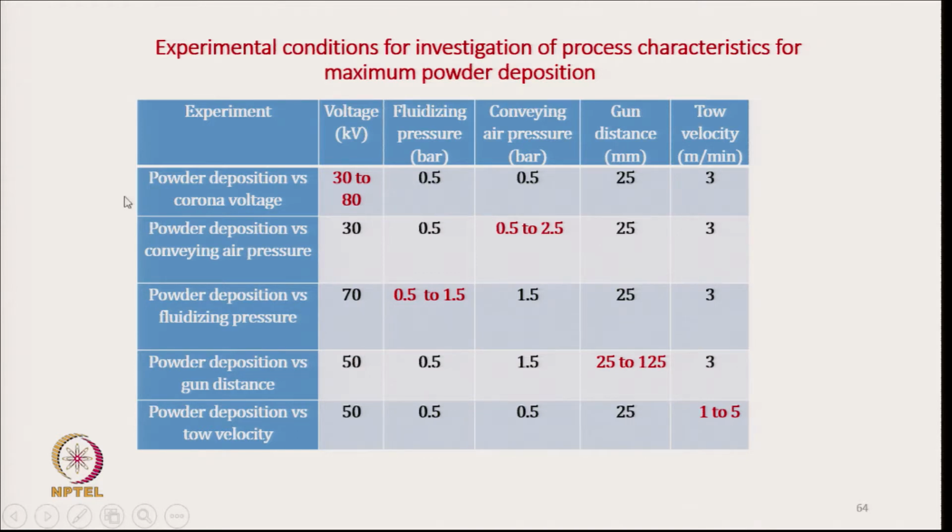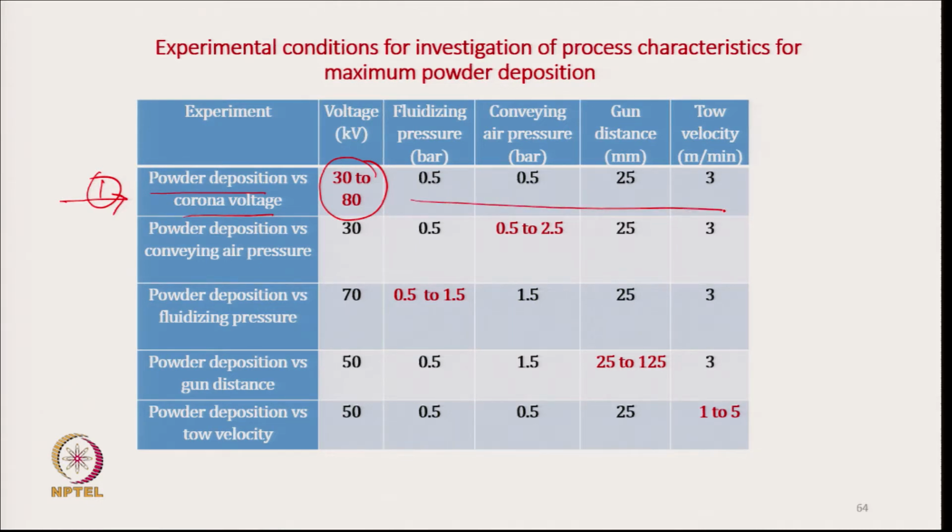In the first experiment, powder deposition versus corona charge, the corona charge was varied from 30 to 80 kilovolt, and the rest of the parameters like fluidizing pressure, conveying air pressure, gun distance and toe velocity were kept at constant level.